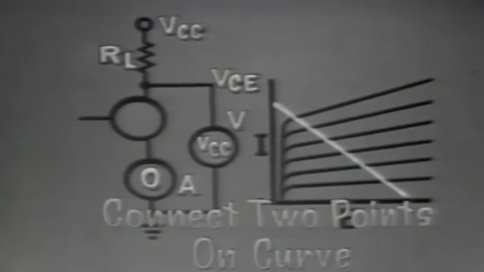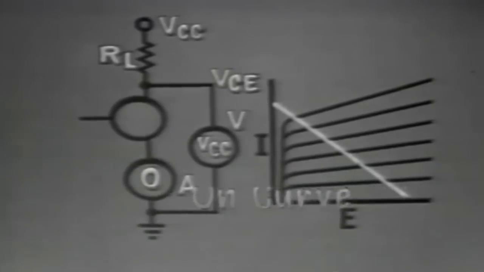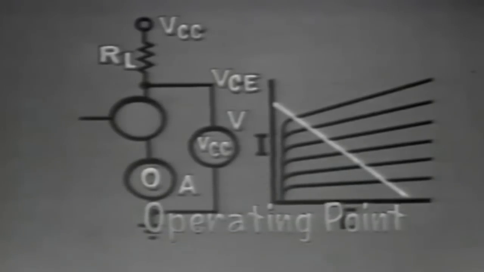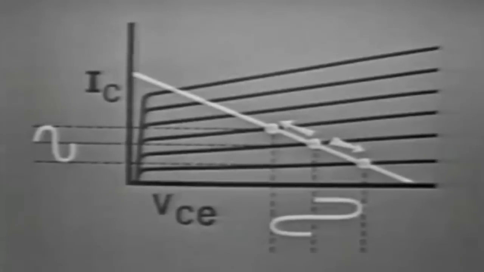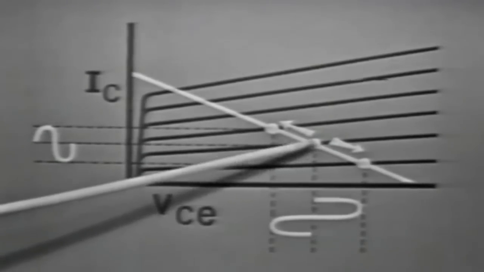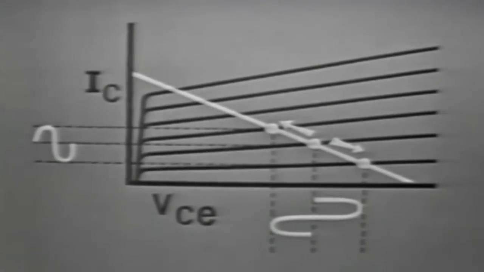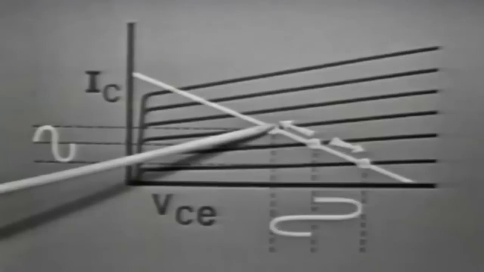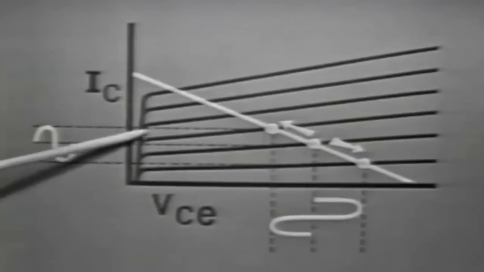After drawing a line, known as the load line, we found that the operating point was located where the base current line intersected the load line. We observed the changes along the load line that were caused by the very small input signal. To find out how much variation occurred in the output, we went from the lower and upper intersection on the load line across to the current axis.